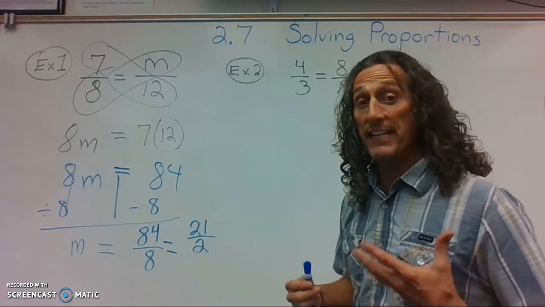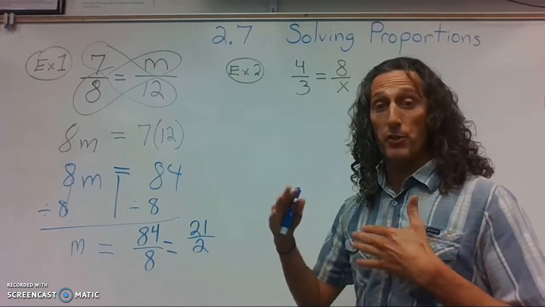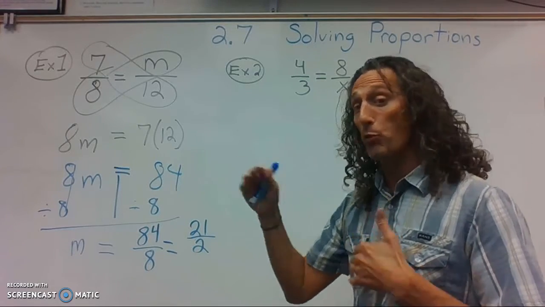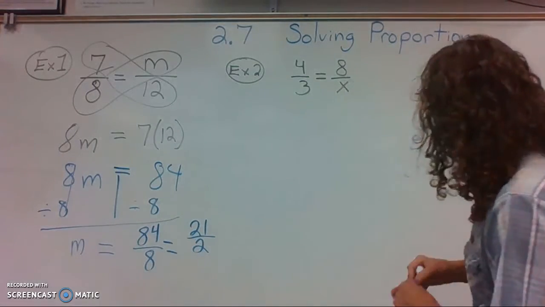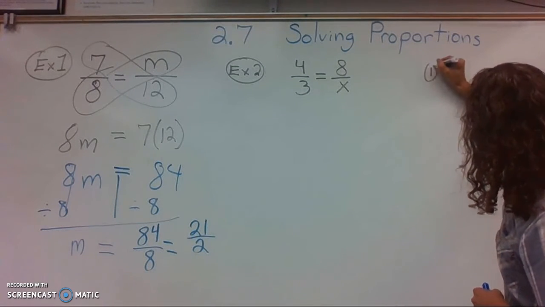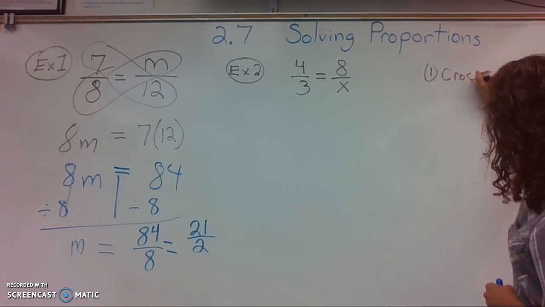Now we're going to go over example 2, except I'm not actually going to handwrite the steps that we'll be taking. So step number 1, cross multiplication.